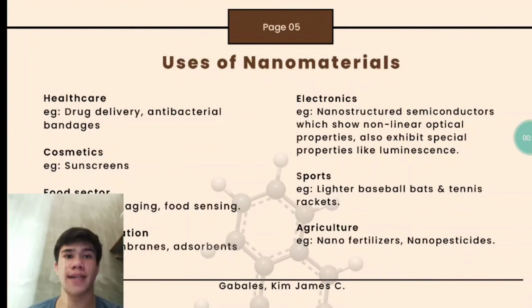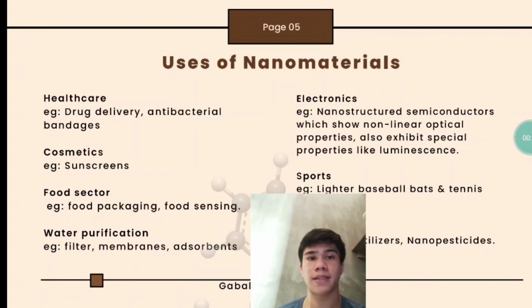Uses of nanomaterials: healthcare, drug delivery. One example of this is transdermal antibacterial bandages. These bandages kill bacteria to help prevent infections. Cosmetics, sunscreens. Food sector, food packaging and food sensing. Water purification, filters, membranes and adsorbents.